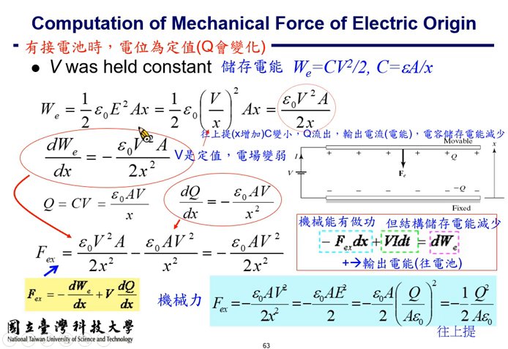So what is the consequence? Because V is a constant, A is a constant, the larger the distance, the smaller the electrical field, and so the stored electrical energy in this structure becomes smaller as well.